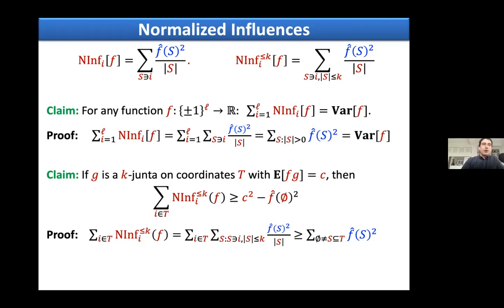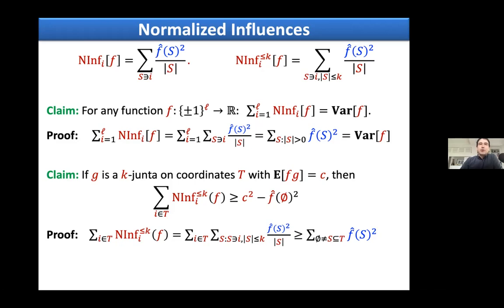This is again a simple proof. You look at all coordinates inside T, and then at the normalized influence of each coordinate I, and you notice that any set S contained in T is counted several times, but I'm not going to take this into account. So a lower bound on the sum of normalized influences is at least the sum of squares of the Fourier coefficients of sets inside T. And there's a nice connection.